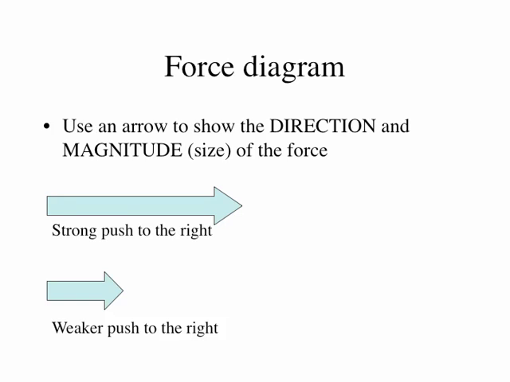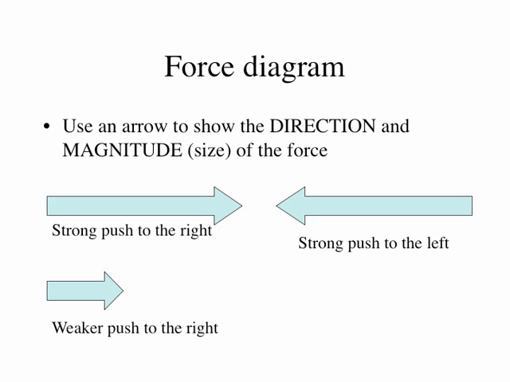But a smaller arrow pointing to the right, that would represent a weaker push. So the length of the arrow corresponds to the size of the force. And the direction of the arrow shows the direction that the force is being applied in. So what's shown here is two forces with equal magnitude. They're both strong pushes, but one's going to the right and one's going to the left.